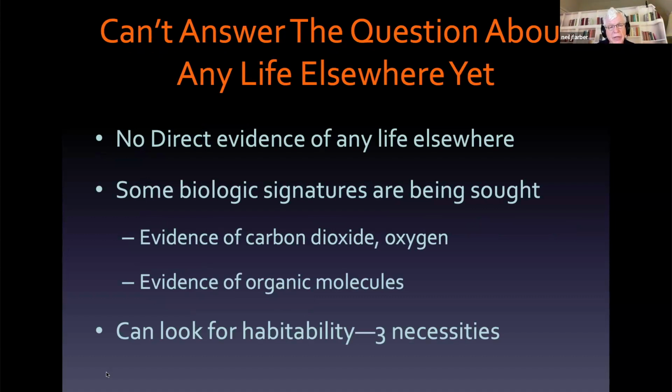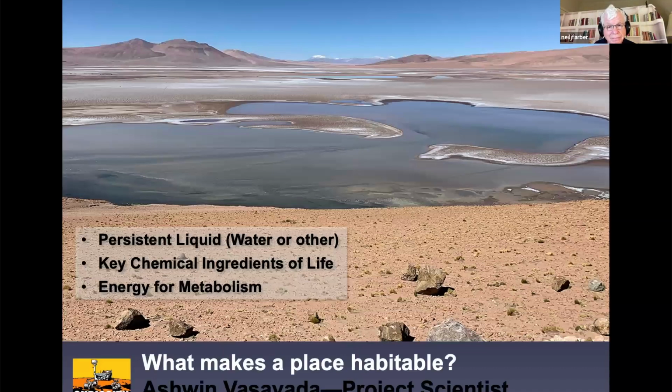And we can look for habitability, which there are three necessities for. Next slide. And that's basically persistent liquid, either water or another. Usually we used to think of persistent liquid on the surface of a body.